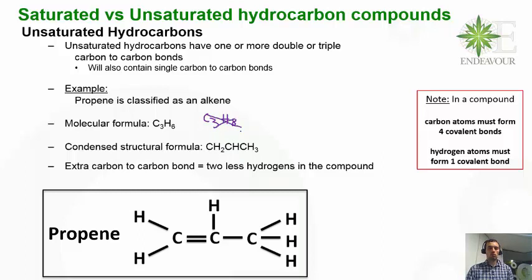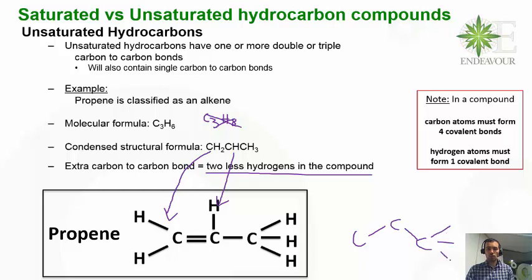So we've got 2 fewer hydrogens. The condensed structural formula looks different too, because we've got a CH2 and then a CH rather than CH3, CH2. And essentially this is because it has 2 fewer hydrogens than the corresponding saturated hydrocarbon. So I'll just draw out that saturated hydrocarbon for comparison.